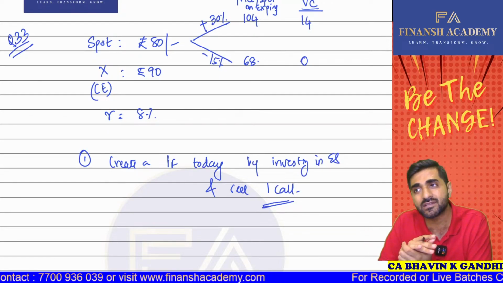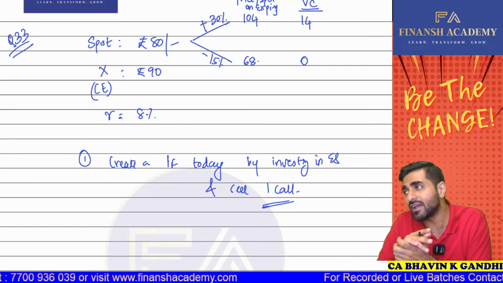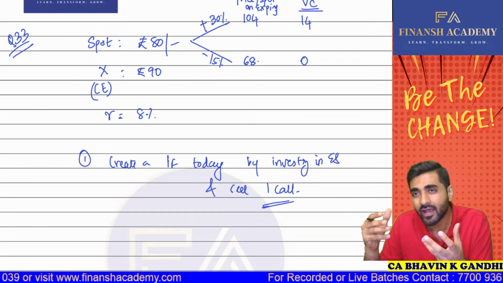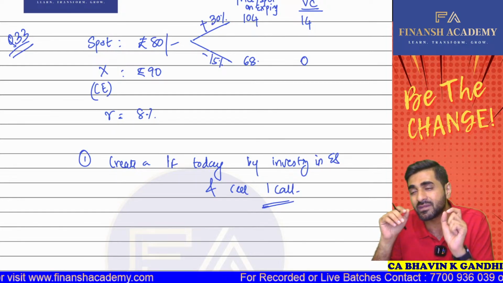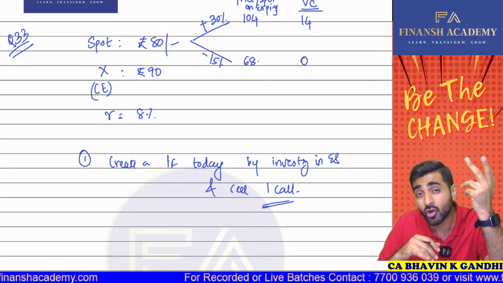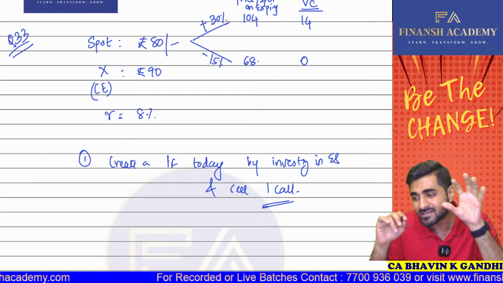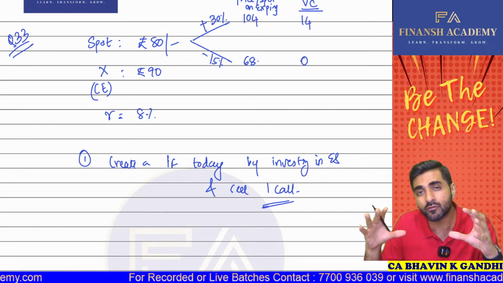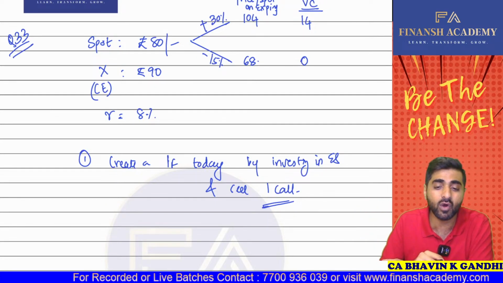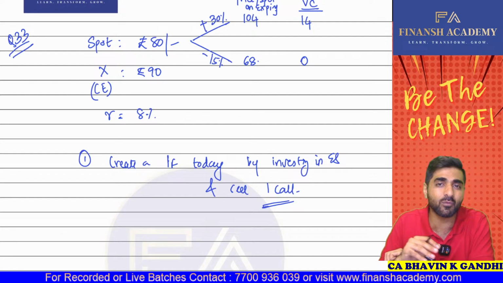See, when we are creating a portfolio where we are long and also selling a call option, it means that in the portfolio we have both a bullish and a bearish view, because selling a call option is your bearish view. So basically, we are creating a portfolio which is hedged, which is risk free. We are hedging it by buying some number of shares.